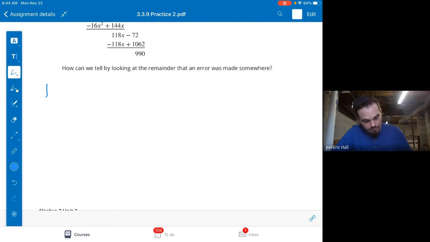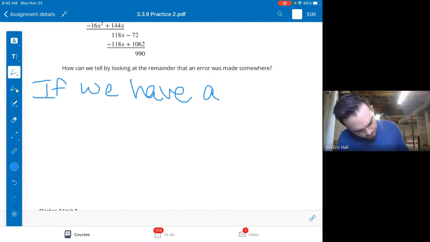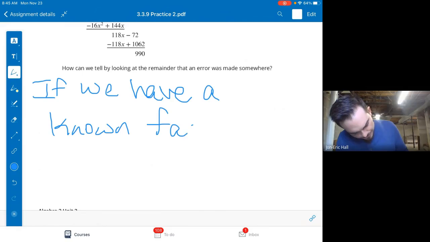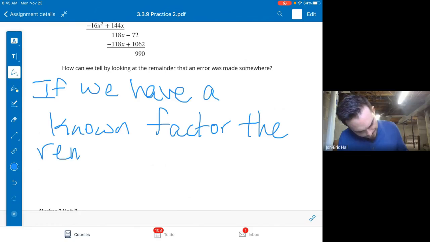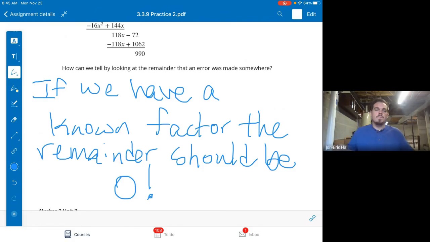So if we have a known factor, the remainder should be 0. I hope that makes sense to you.